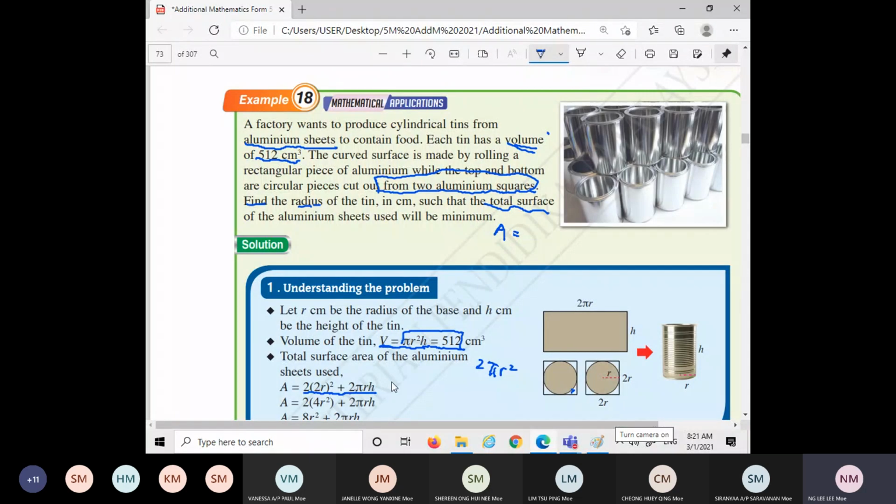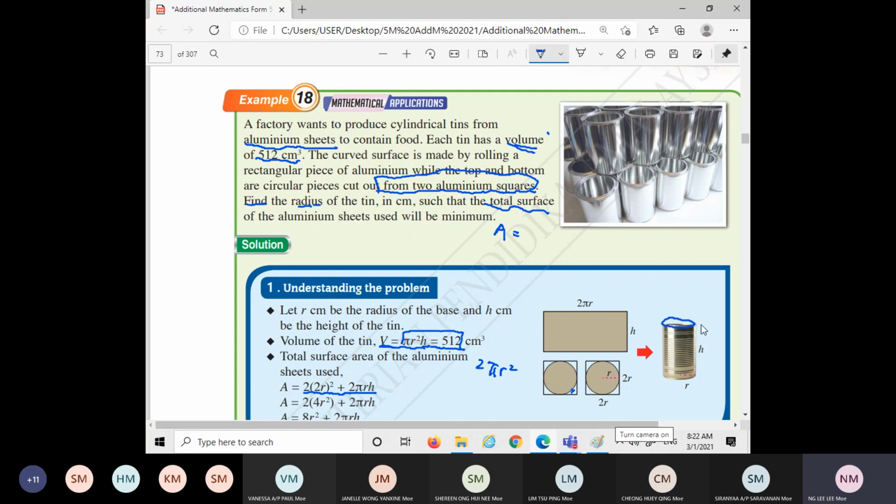Okay, how about this part? The curved surface is made by rolling a rectangular piece of aluminum. So when you open up, you will see a rectangle. When you roll it, you will see the curved surface of the cylinder. Therefore this is the height of the cylinder, and this one is the circumference.